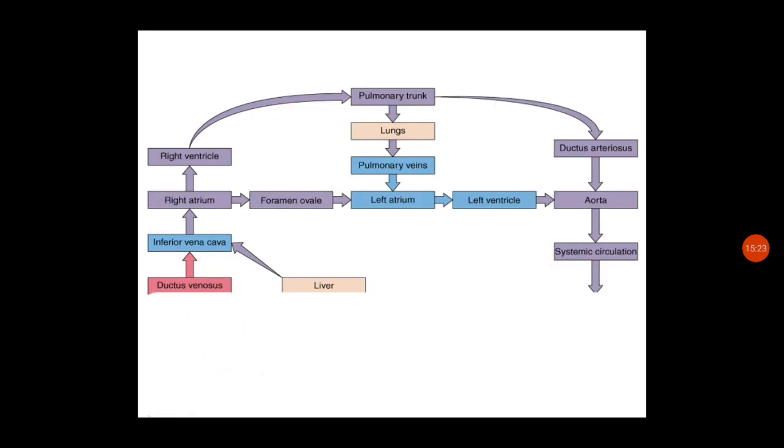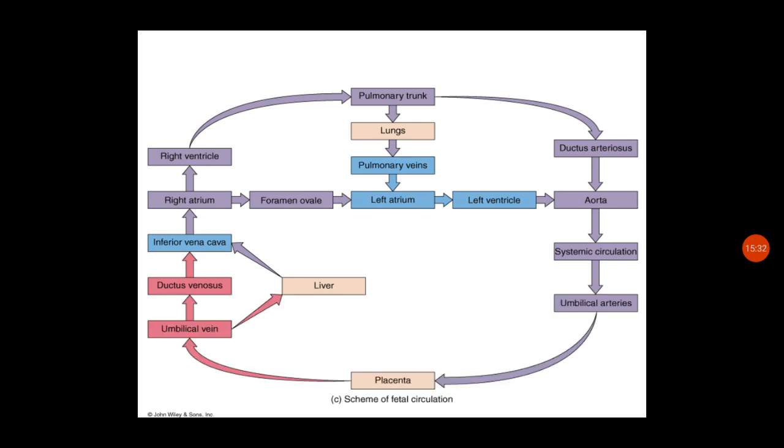So we are cutting with the clamp, and the baby is disconnected from the placenta of the mother, and the umbilical vein and umbilical arteries are disconnected.